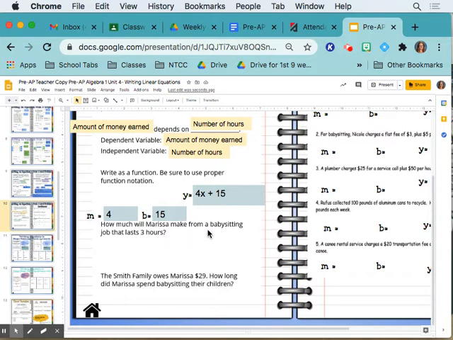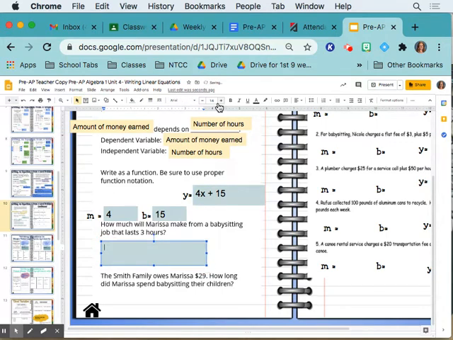How much will Marissa make after a babysitting job that lasts 3 hours? How do we write this? 3 for X. So f of 3 equals 4 times 3 plus 15.